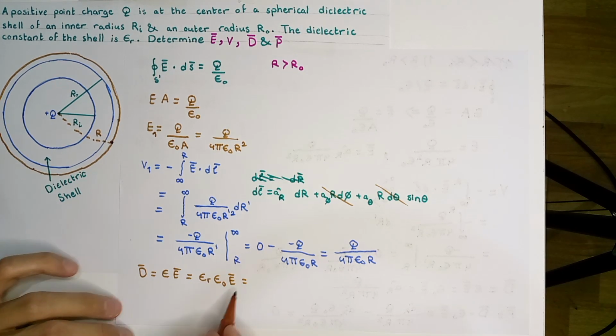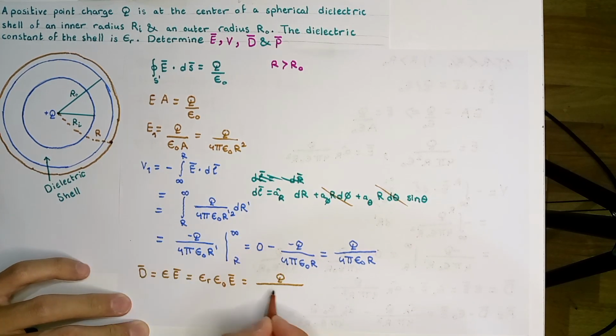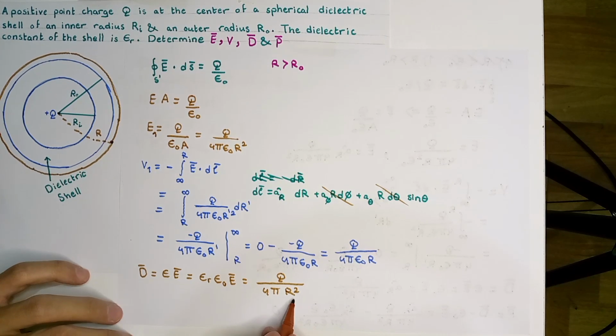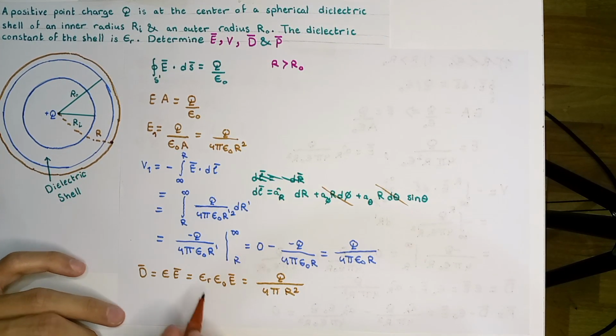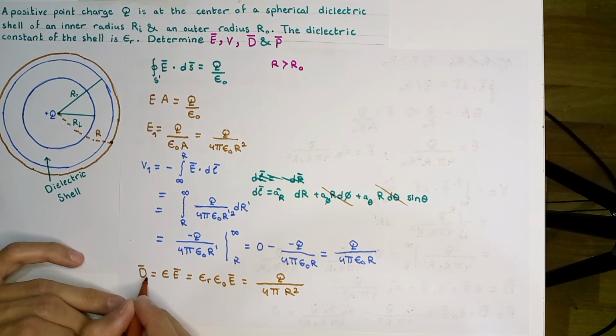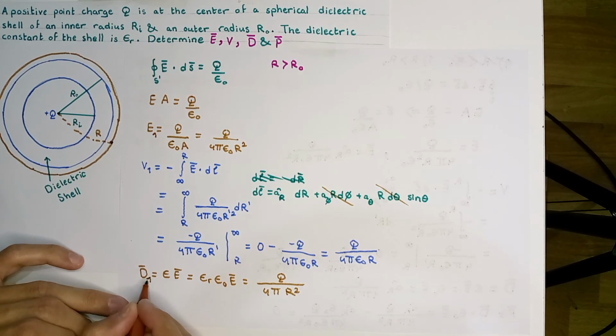So we will end up with Q over 4 pi r squared. We just eliminated epsilon sub 0 from the denominator, and I'm going to use the subscript D1.